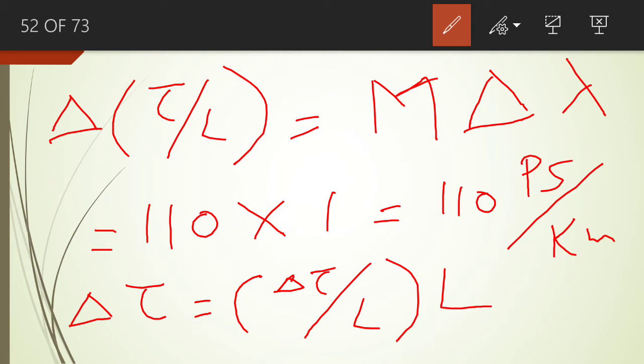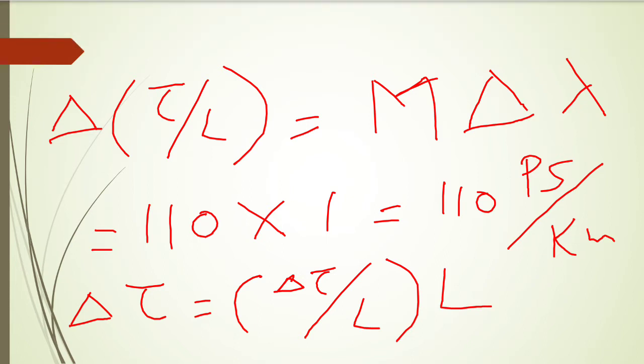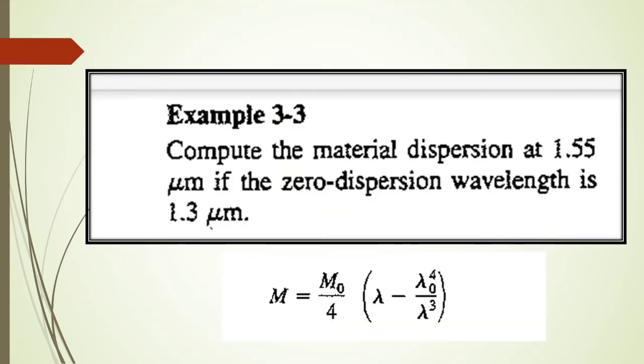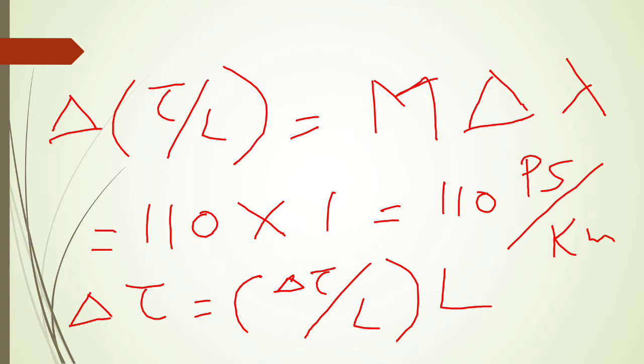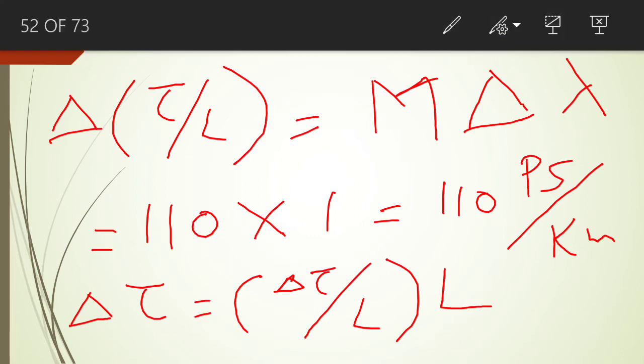So we use this equation to find out the total pulse spread in the path. Let us put the values on the right hand side of this equation.